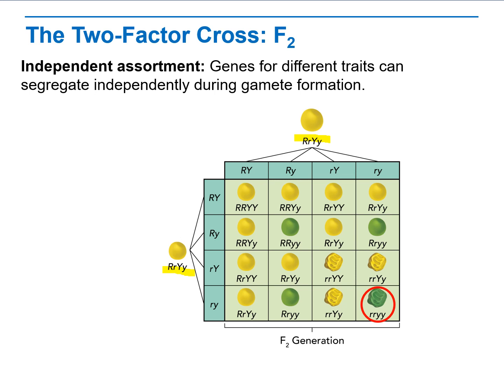And what proportion of offspring are likely to have the phenotype dominant for yellow and recessive for wrinkled seeds? Count the number and put the numerator over 16. What proportion of offspring are likely to have the phenotype dominant for round and recessive for green seeds?